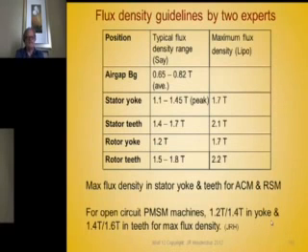And now here's some flux density guidelines. I gave you some before, on the first slide, but here are some that maybe are more important than my suggestions. These are based on the advice given by 2 experts, Tom Lipo, a famous professor from the University of Wisconsin, and a very famous motor engineer from years gone by named Say.